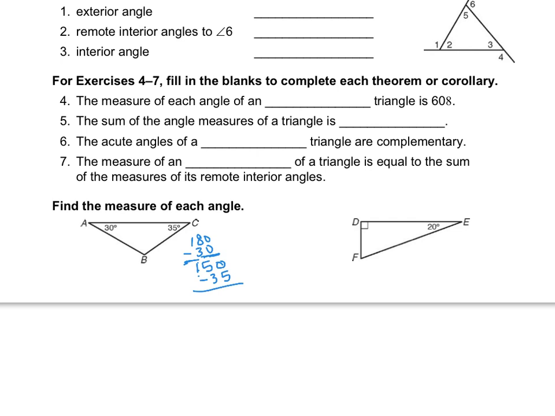And this will be 115, right in there. And on this last one over here, let's take a look. Well, this is 90. That means these 2 have to add up to be 90. So that means the measure of angle F is going to be equal to 70 degrees.